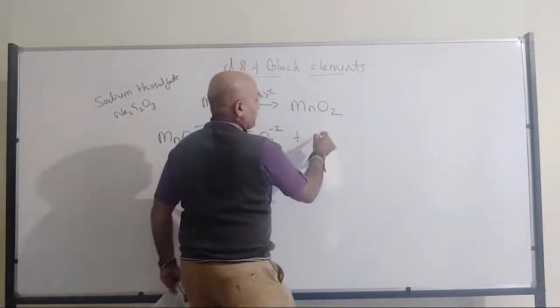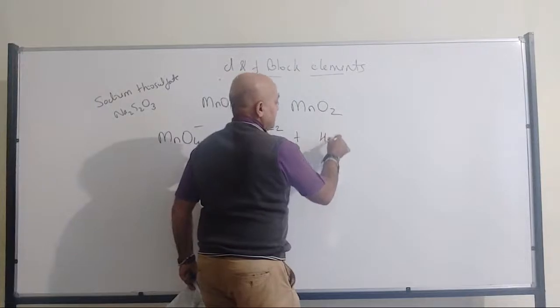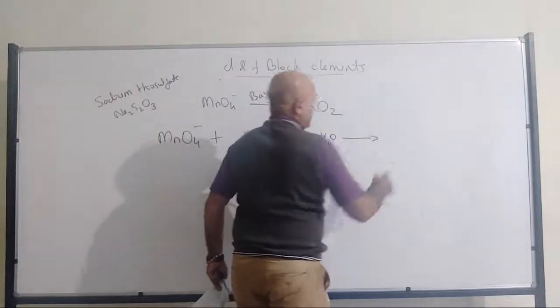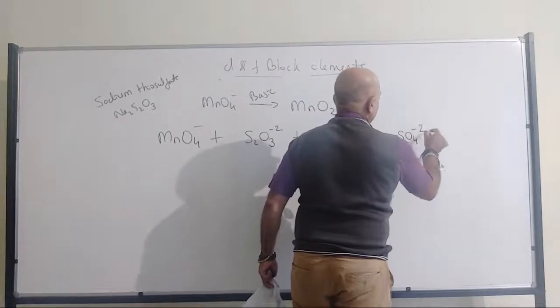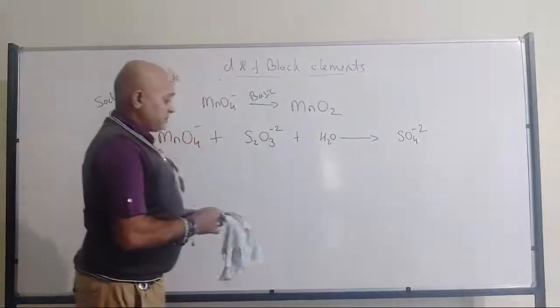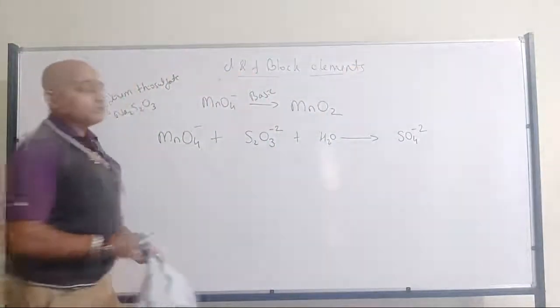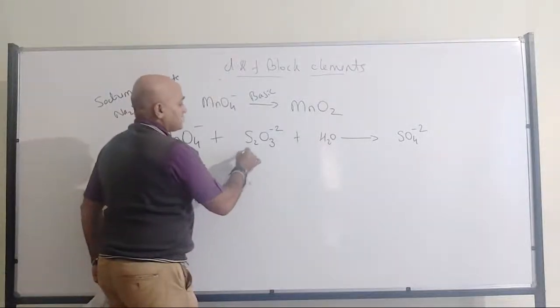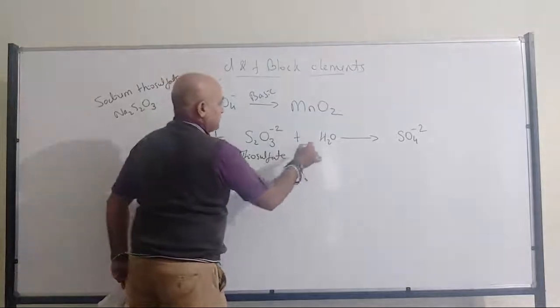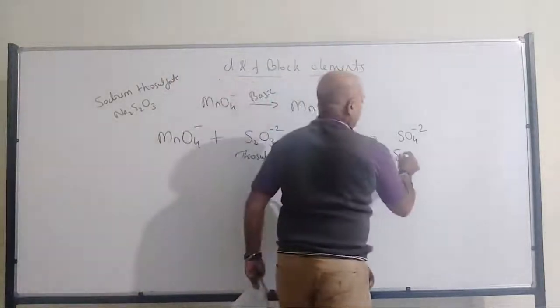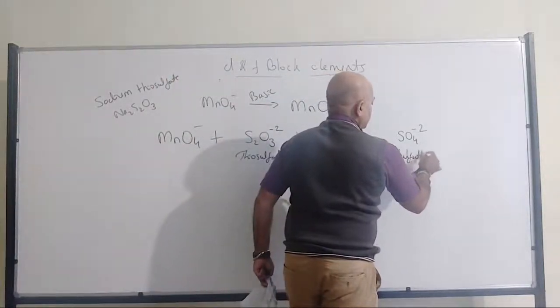Then we have basic condition, right? So water, it will get converted into sulfate, SO4 minus 2. Thiosulfate, S2O3 minus 2, this is the thiosulfate ion, which will get converted into sulfate.